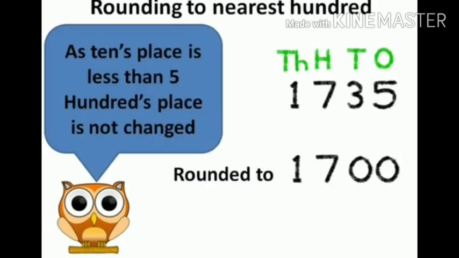So, the 100 place is not increased by 1. It will remain at 7, and all the places to its right, that is, tens and ones, would be filled with 0. So, we have rounded down the number to the nearest 100. So, 1735 is rounded to 1700.